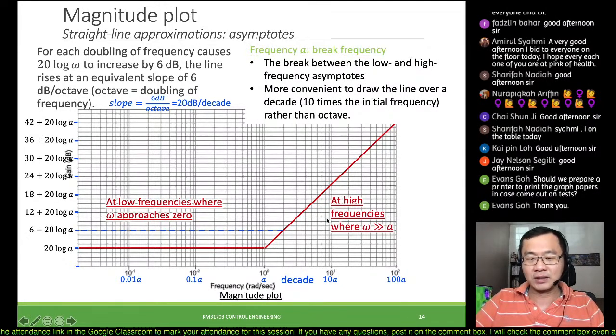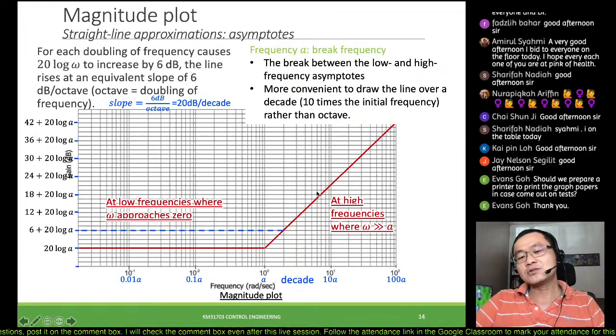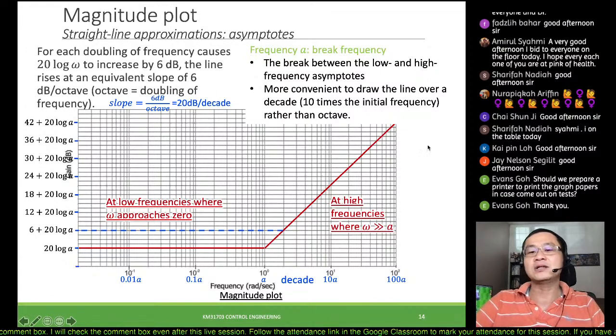In 1 decade the magnitude increases 20. That is how we can approximate a straight line on it, and once we plot that, we just draw a straight line on it.